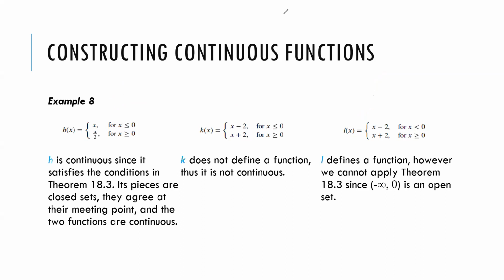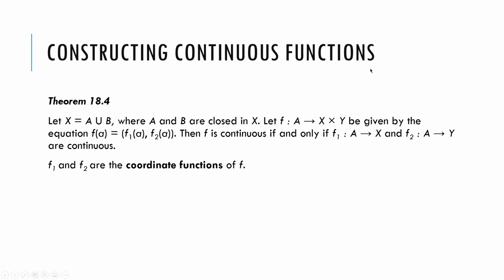After example 8, we have theorem 18.4, which says that if X equals the union of A and B, where A and B are closed in X, and f maps A into the product of X and Y, given by the equation f of a equals the point f1 of a and f2 of a, then f is continuous if and only if f1 which maps A into X and f2 which maps A into Y are continuous.